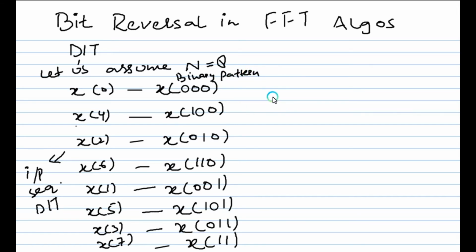So if I reverse this order, that is, if I take the reverse of x of 0 0 0, similarly the reverse of x of 1 0 0, it will be 0 0 1.